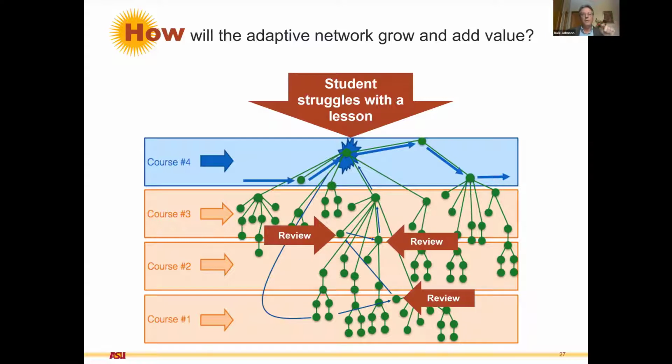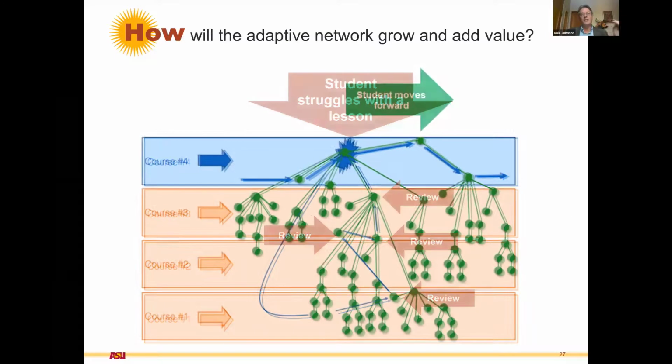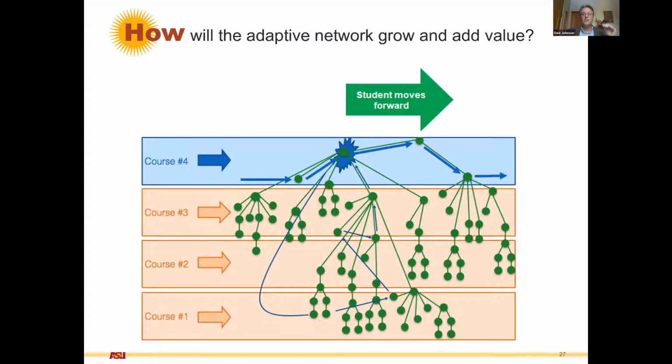So you can help them recover their knowledge and successfully move on. This is one of the biggest advantages of an adaptive network. In the case of ALEKS, when we configured college algebra, we also included math back to 9th grade in the United States system. So we had literally 4 years of mathematics there for remediation to support.